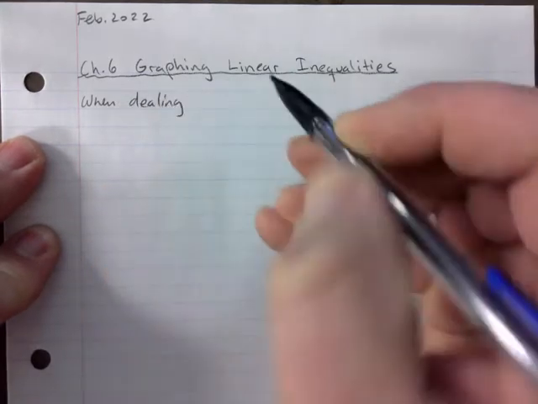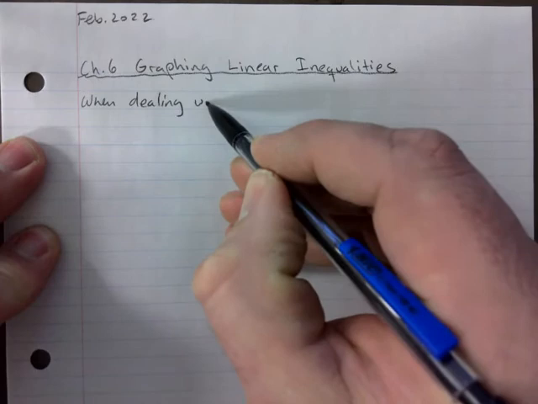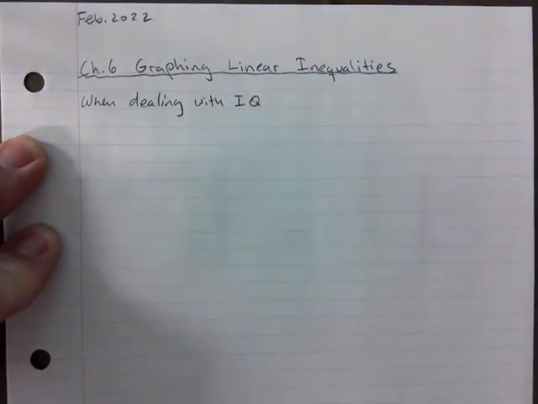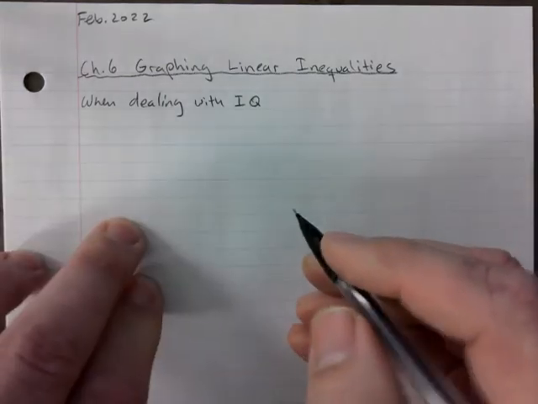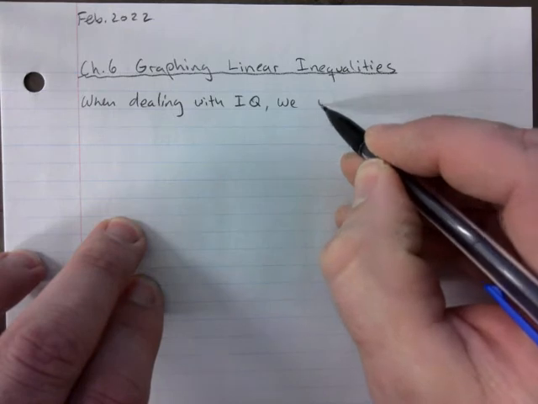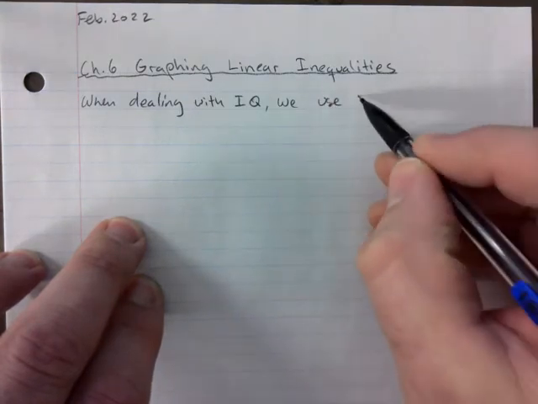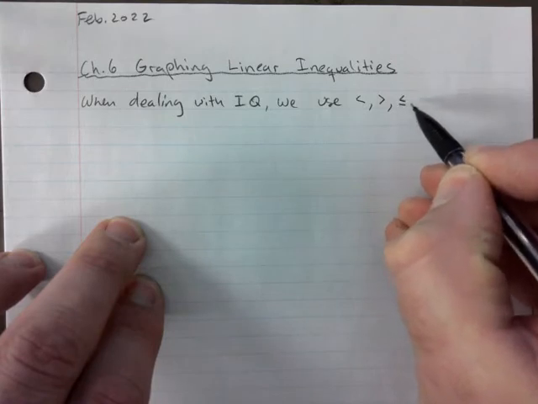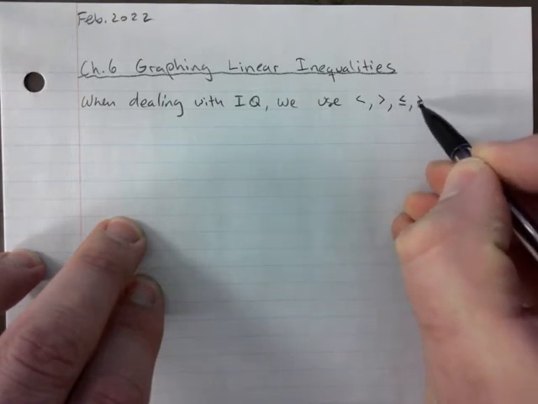When dealing with, I'm going to call, whenever I talk inequalities, I'm just going to go IQ like that. It's just faster because we're going to use it quite often. We use less than, greater than, less than or equal to, greater than or equal to.